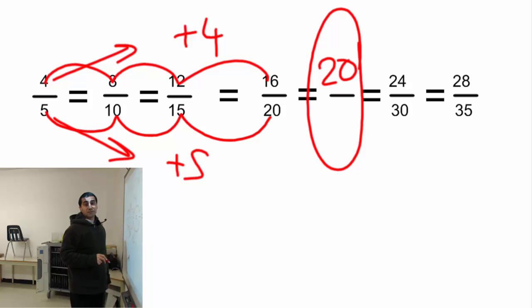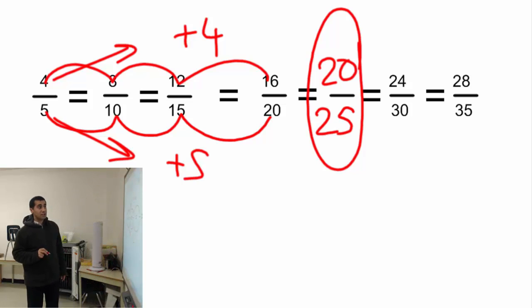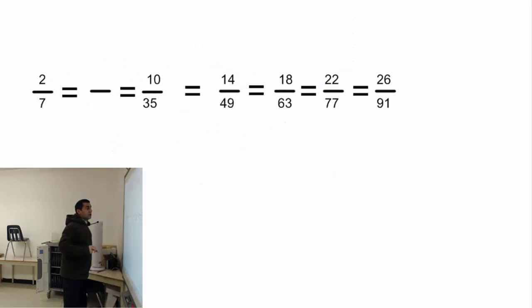What is 20 plus 5? The next number would be 25. So the missing fraction here is 20 over 25, and that's the pattern I figured out that helps me get that number. So let's go ahead and do another example.